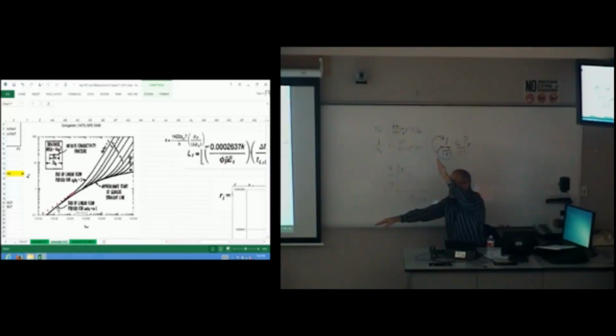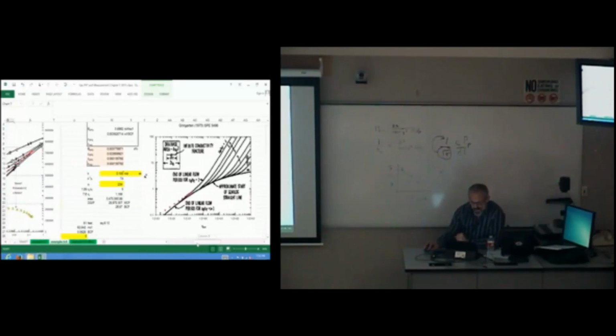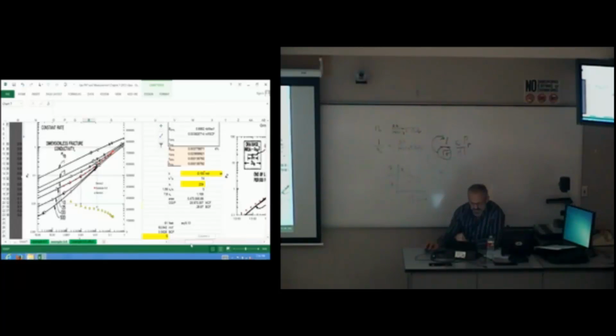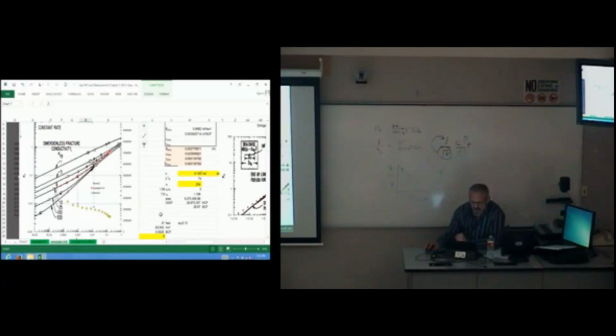But if they ever did, it would tell you when you could start using a semi-log analysis in your radial flow. Okay, we beat this one. Any more questions on 6.8?